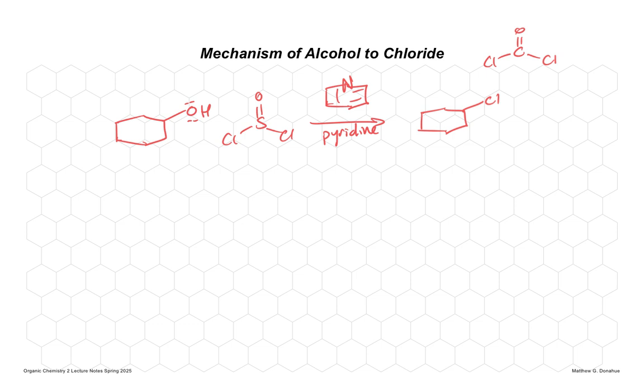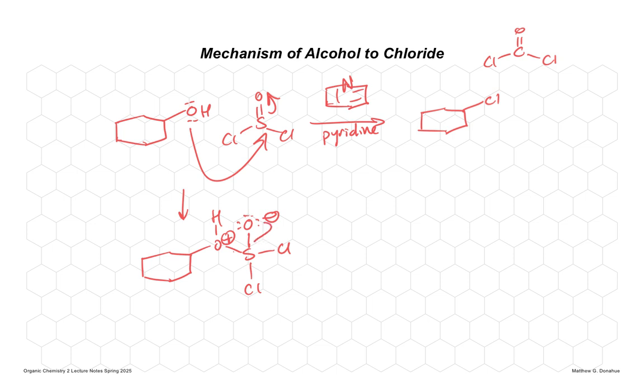Because they're at such a high oxidation state, the oxygen is going to attack it. And then the first thing we'll do is break the pi bond. Sulfur has a lot of heteroatoms bonded to it. It wants to start shedding them.